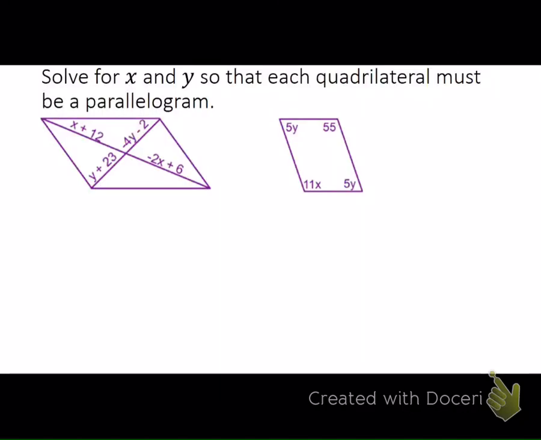Solve for x and y so that each quadrilateral must be a parallelogram. What do you know about the diagonals of a parallelogram? Lindsay said it earlier. The diagonals need to bisect. So diagonals bisect each other.